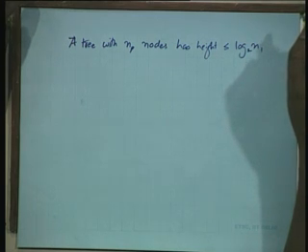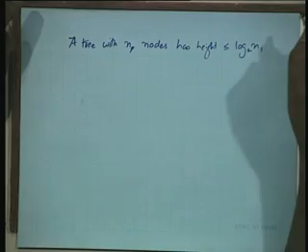So the worst case will come when at each level there are just 2 children. Suppose I have to prove this claim: at any point, if I have a tree with n1 nodes in it, it has height at most log of n1.